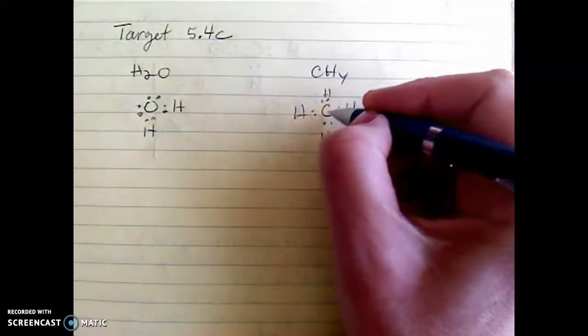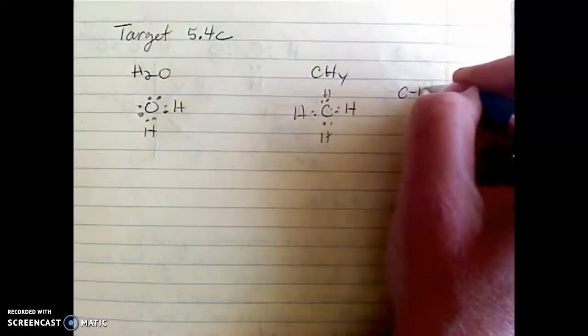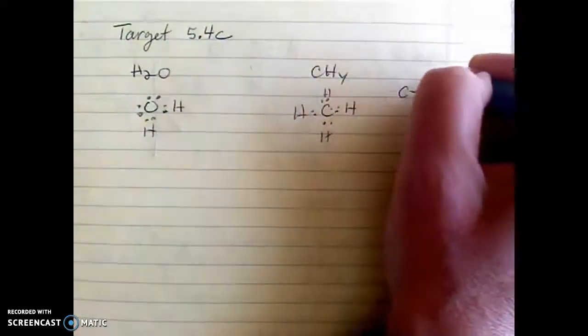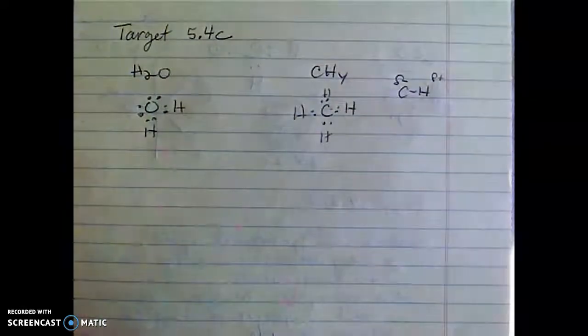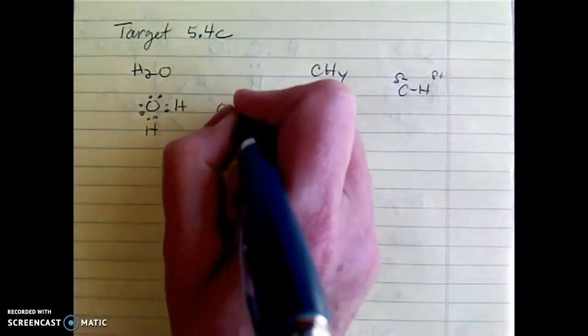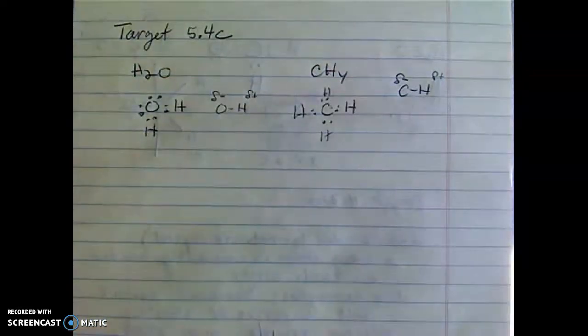Your carbon and hydrogen are different, so you are going to see a polarity between carbon and hydrogen, and your hydrogen will be slightly positive, your carbon slightly negative. For your water, same idea. Hydrogen slightly positive, oxygen slightly negative.